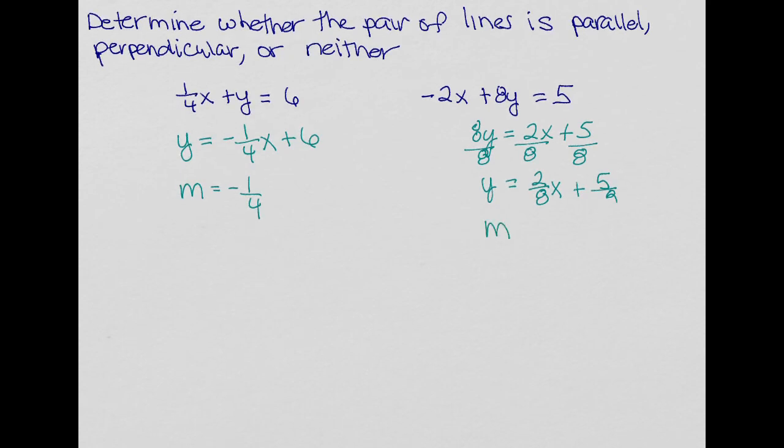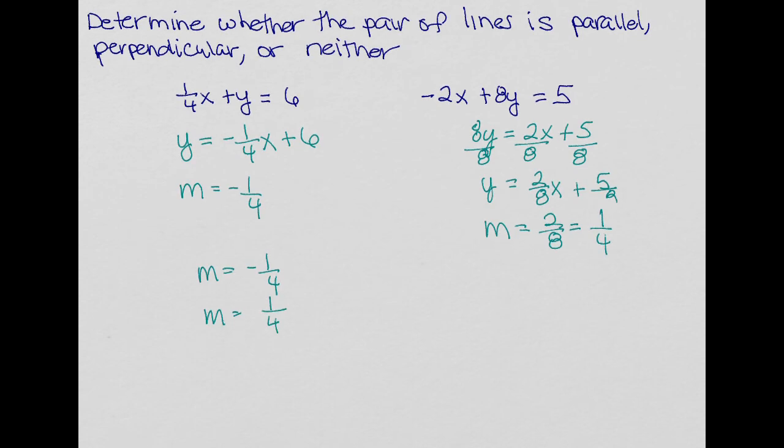So the slope for this one is 2/8, which we could reduce. 2 divided by 2 is 1. 8 divided by 2 is 4. So I have, for this one, m equals a negative 1/4, and this is m equals 1/4.